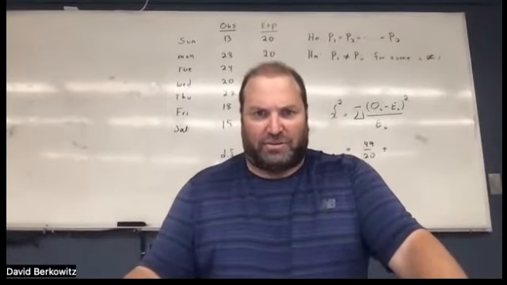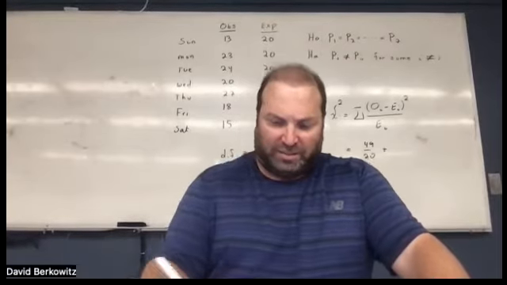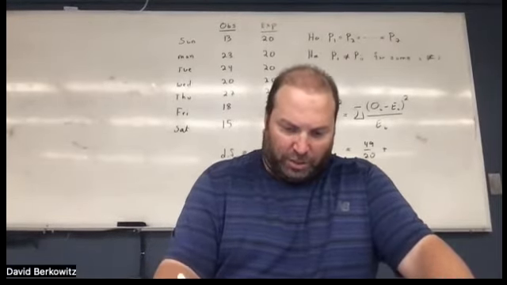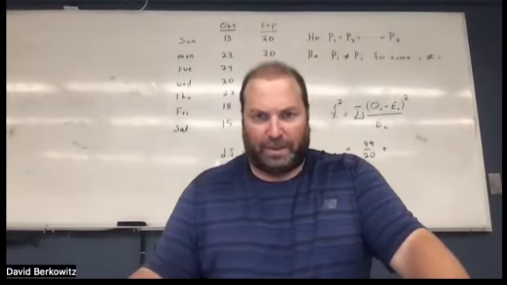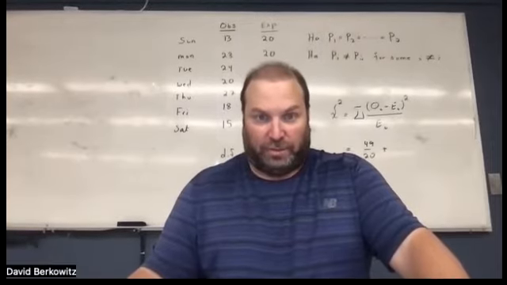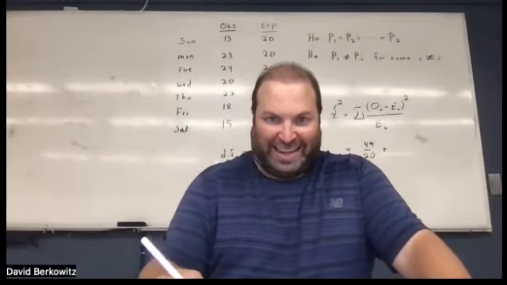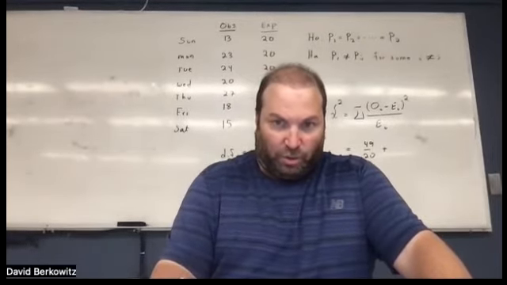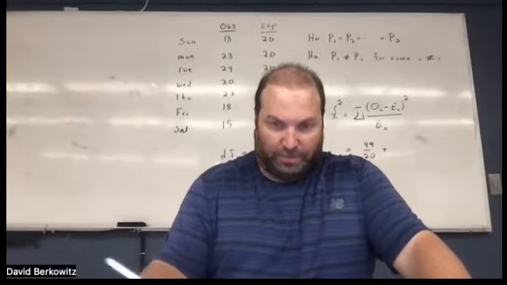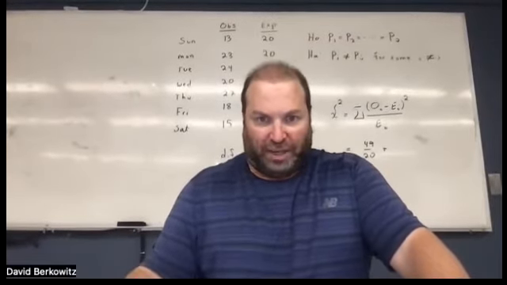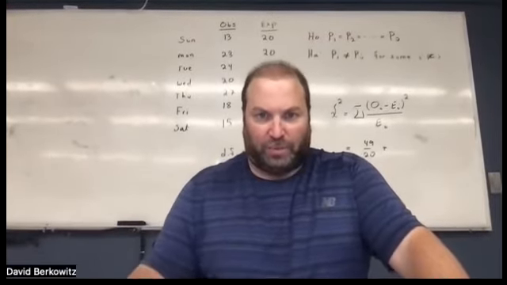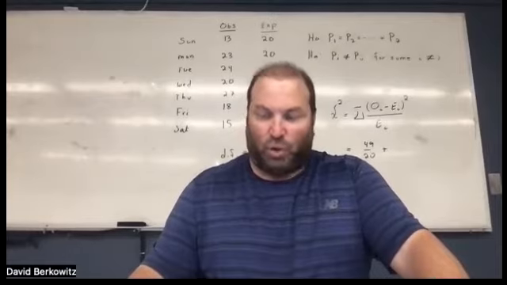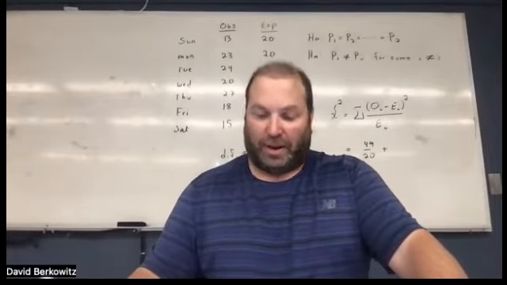The average length of stay was approximately 6 days, so X bar equals 6, or even mu equals 6. The standard deviation was 2.8. So A, what is the probability that a patient will need to stay 7 or more days?